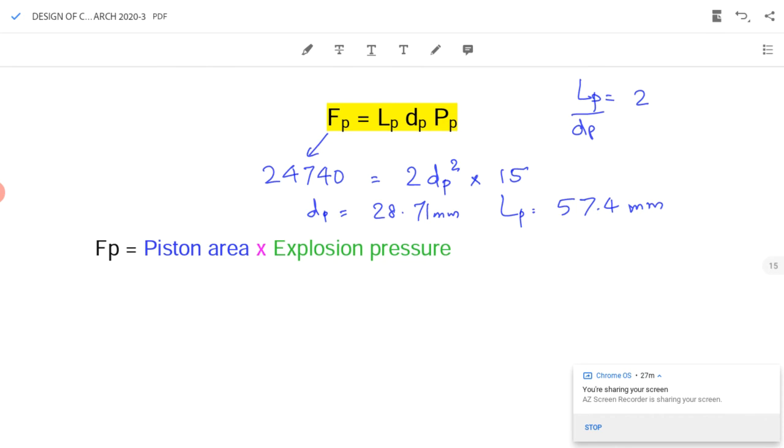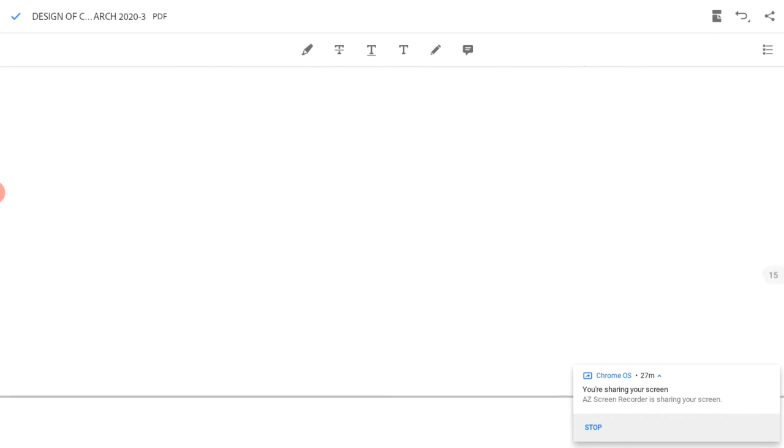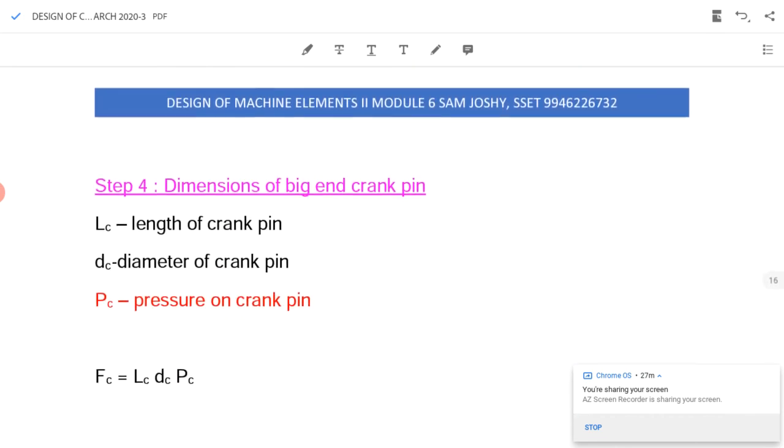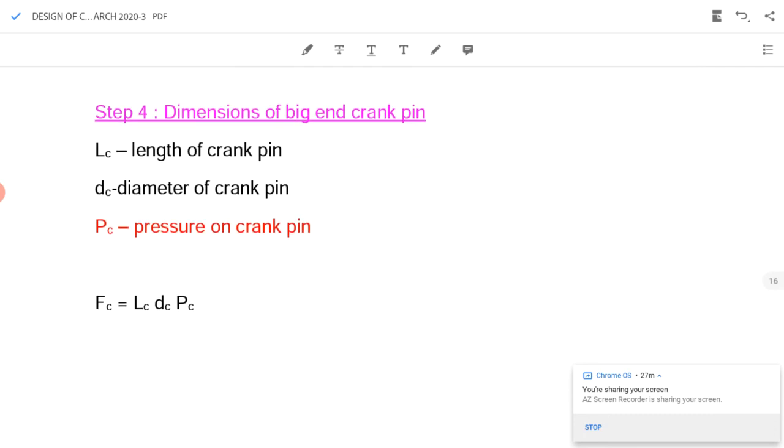Very simple. Now find dimensions of the big end crank pin. We have a similar equation. Fc is the force on the crank pin. The force on the crank pin and the force on the piston pin are both the same, that value is 24,740 Newton, because we have the piston here like this.